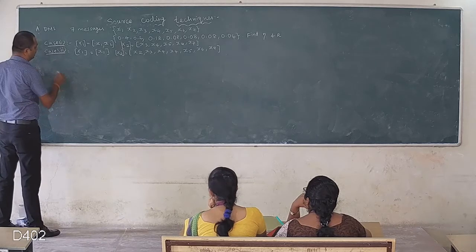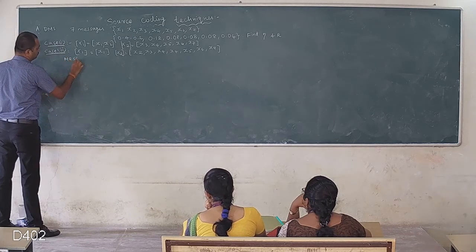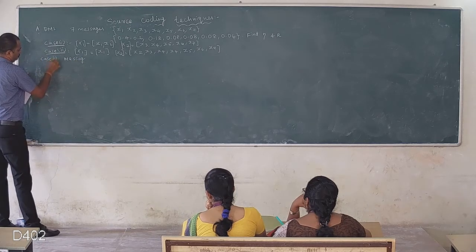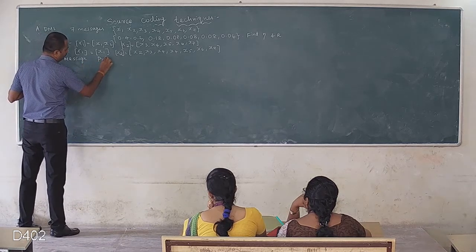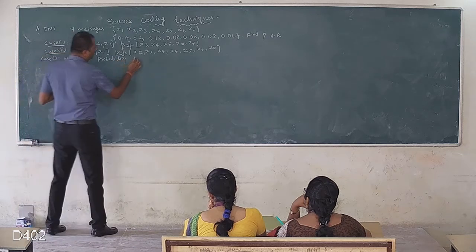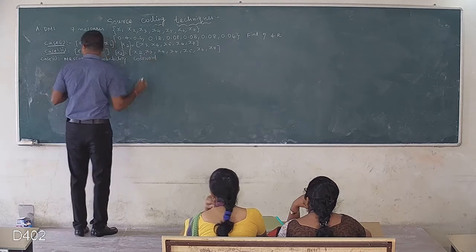As I said earlier, you have to write the messages in descending order of probability. So have message, probability, then code word, then code length.